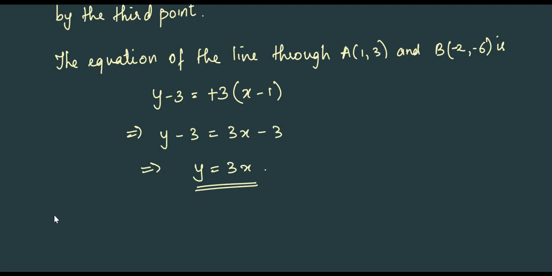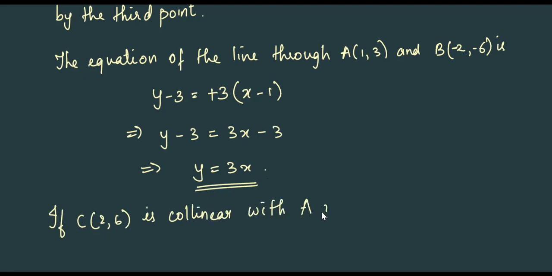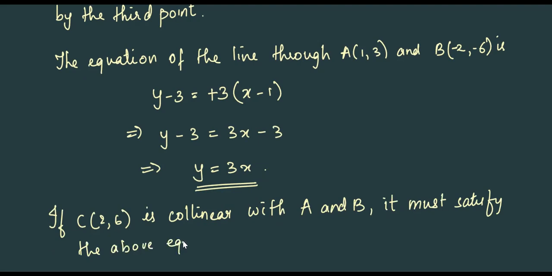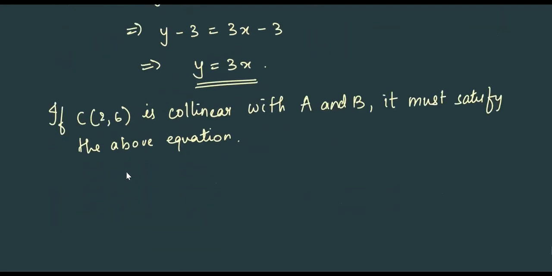Now, if C (2, 6) is collinear with AB, it must satisfy the above equation, and it does. y is equal to 3x implies 6 is equal to 3 into 2.